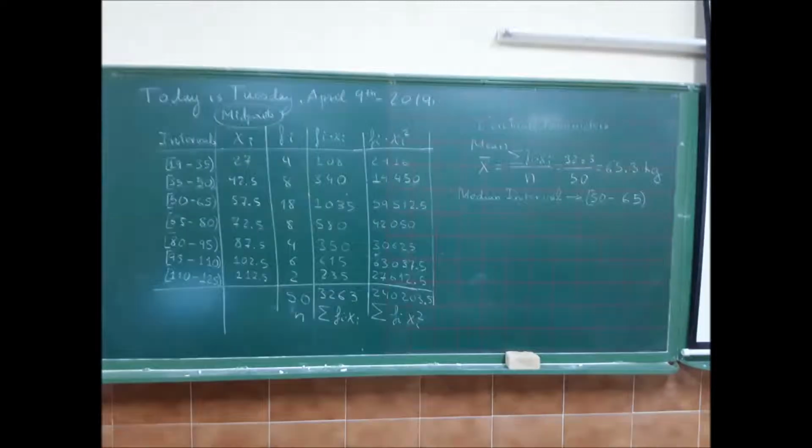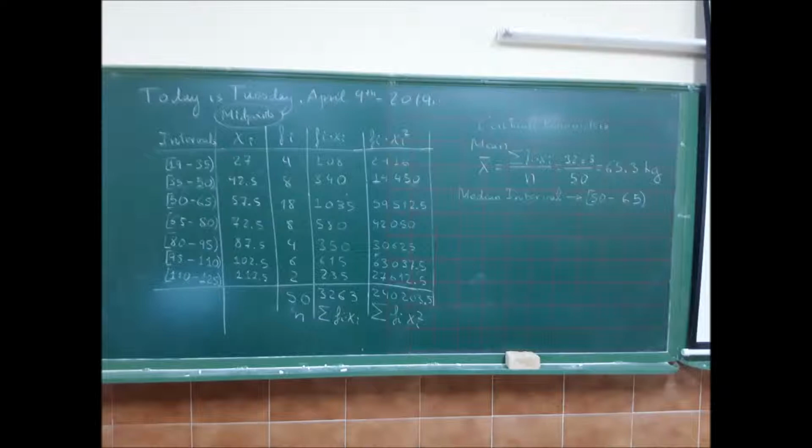Now we are going to find the median interval. The median interval is the interval containing the median data. As we have 50 data, if we put them in order from the lowest to the highest, the median data would be the 25th and the 26th data.